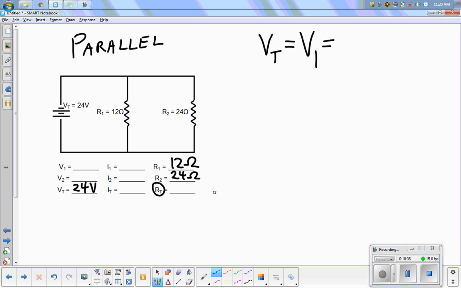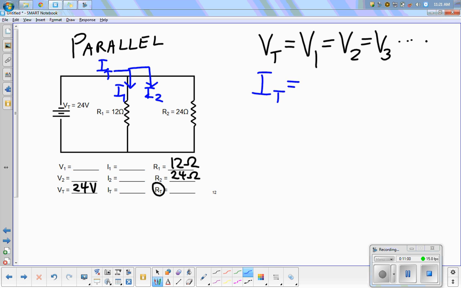If we had a V3, it would be there, and so on. The current in a parallel circuit gets split up. So if I've got current total coming in right here, it has to split up into current 1 and current 2. This means that the total current is equal to the sum of the individual currents.